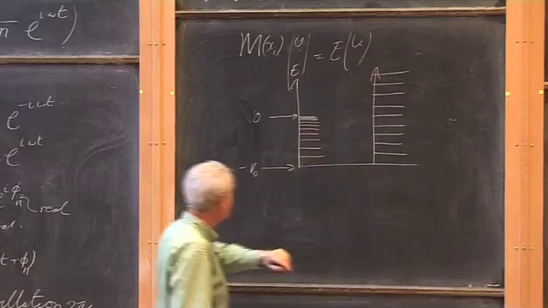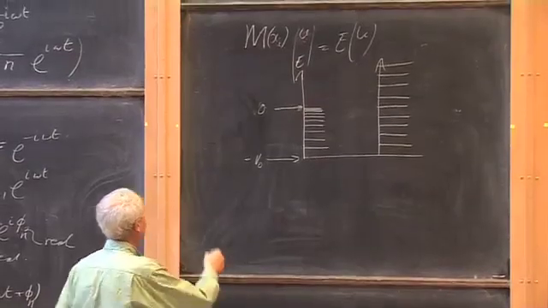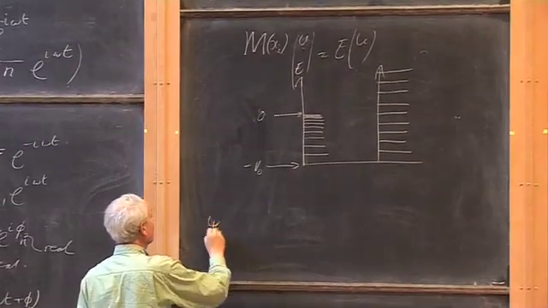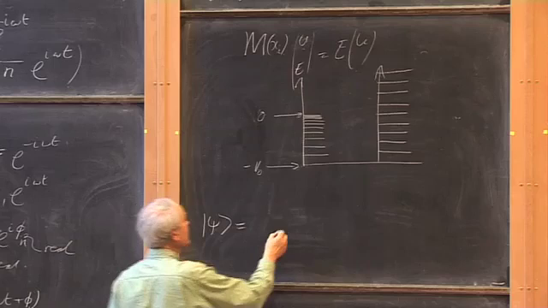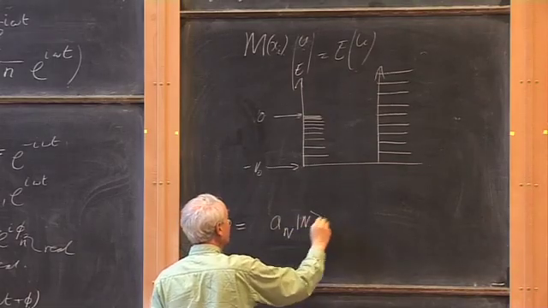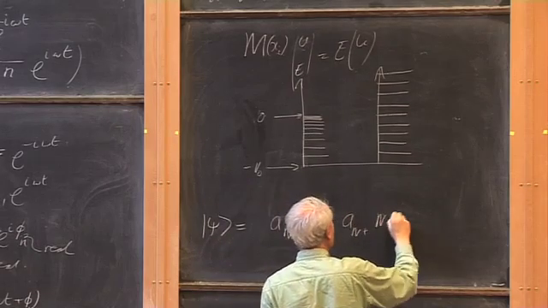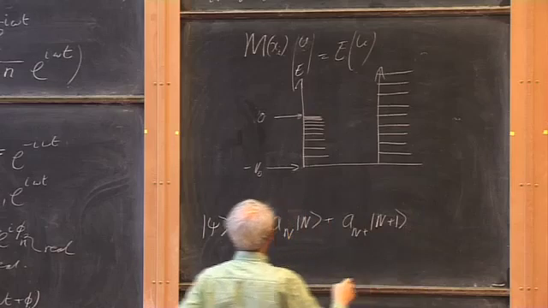Now, what's the physical consequence of that? Suppose our initial condition consists simply of two terms, a_n of |n> plus a_{n+1} of |n+1>.